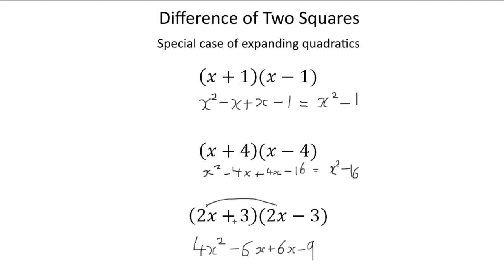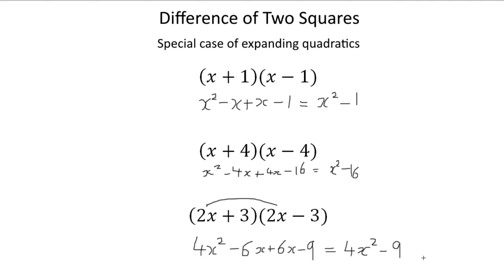And now what we have here is minus 6x plus 6x, let's get rid of that. And in the end, we are left with 4x squared minus 9. And if we look at that, we see that 4x squared minus 9.